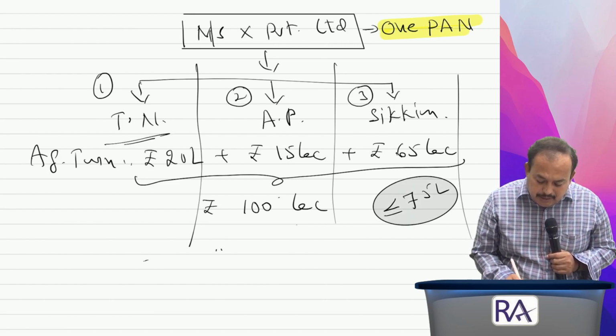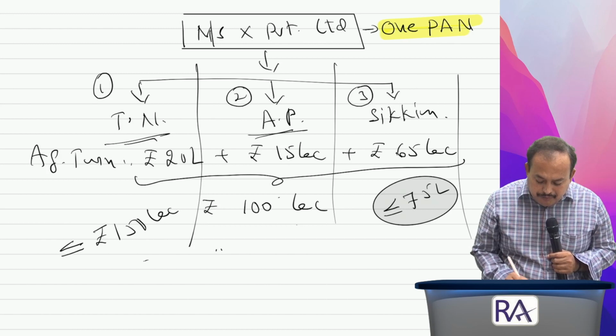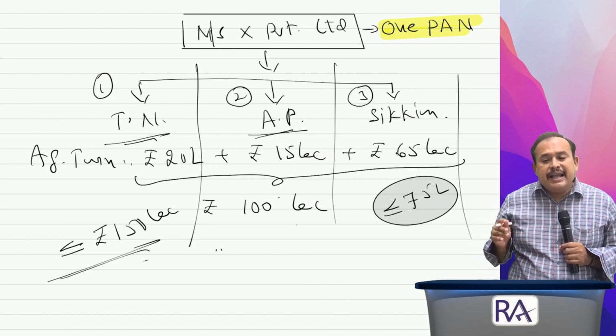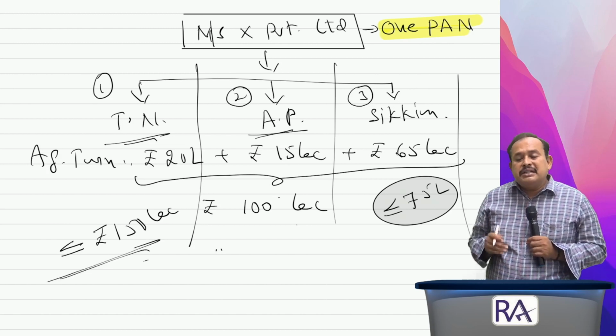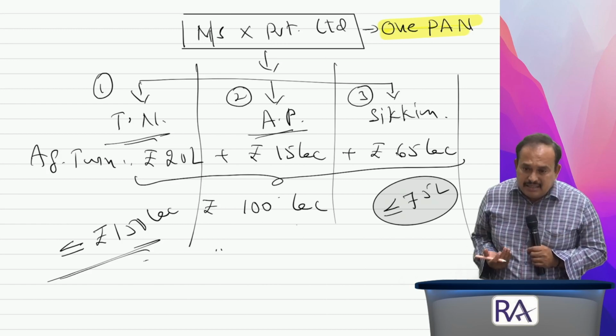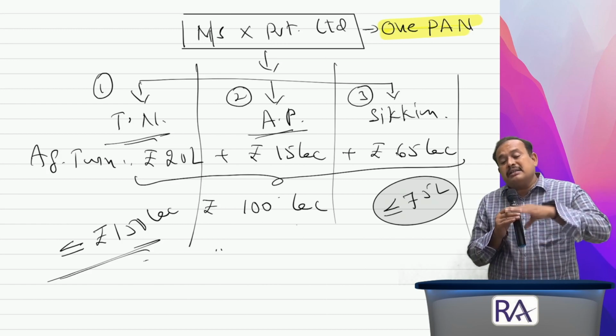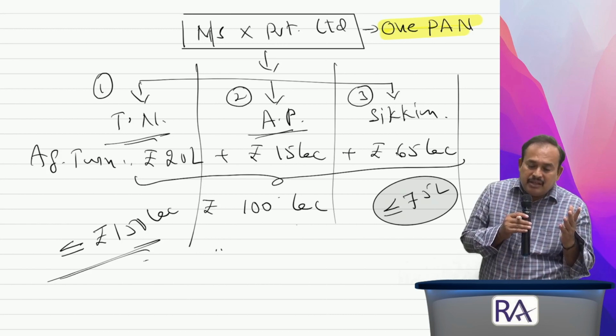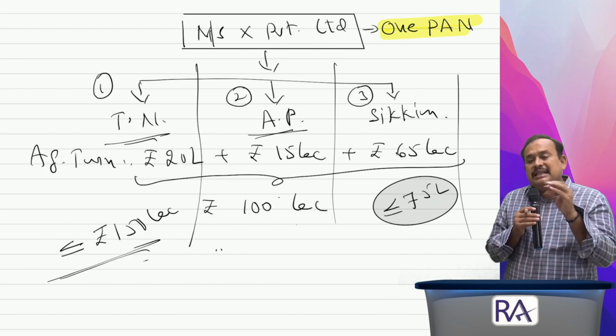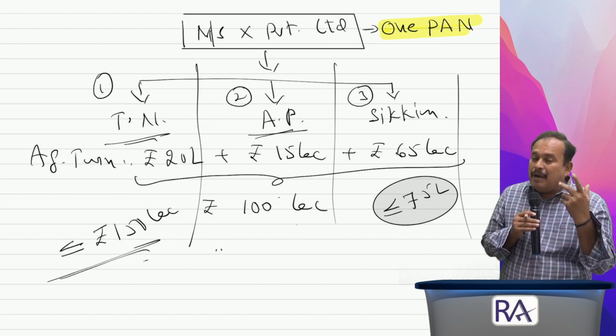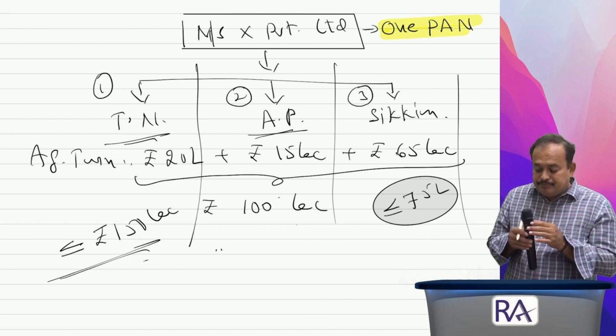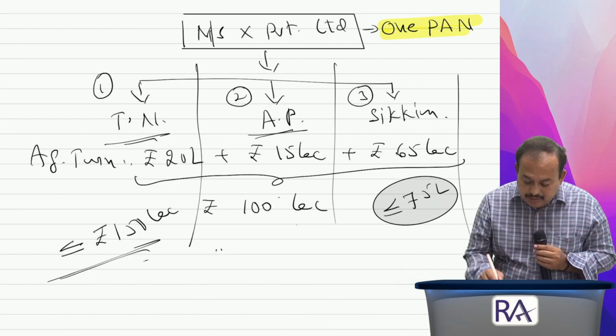In Tamil Nadu, Andhra Pradesh, less than or equal to 150 lakhs. Aggregate turnover exceeded 75 lakhs but does not exceed 150 lakhs. Now you tell me, in the state of Sikkim, am I eligible for composition scheme? You have to say no.